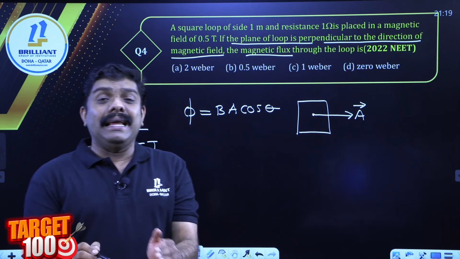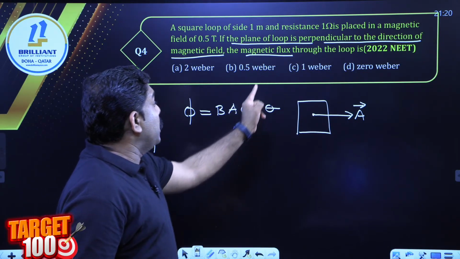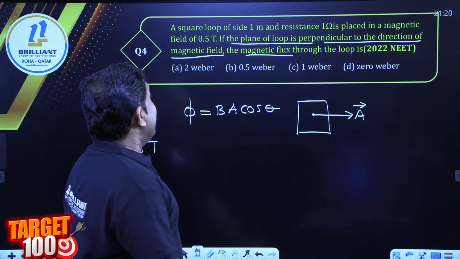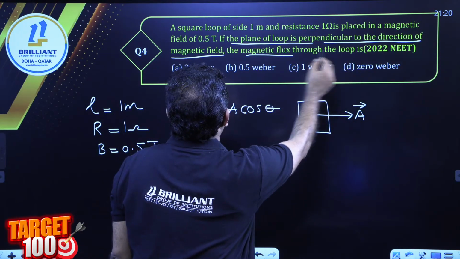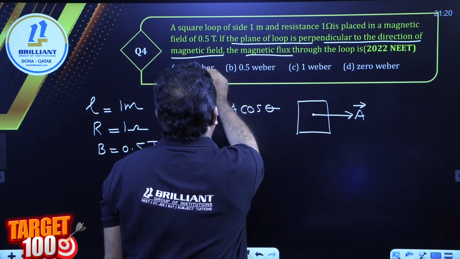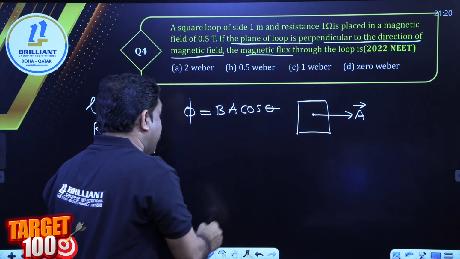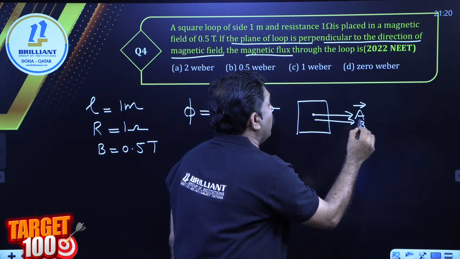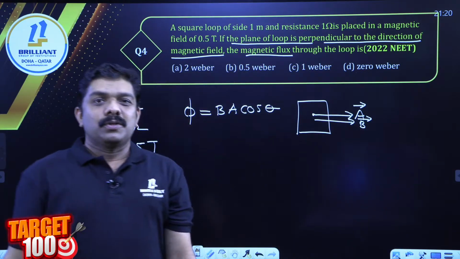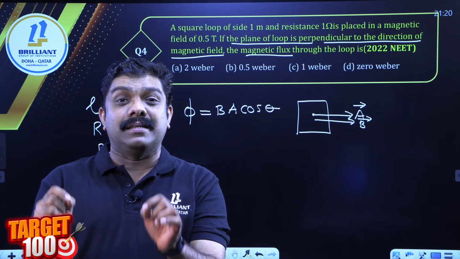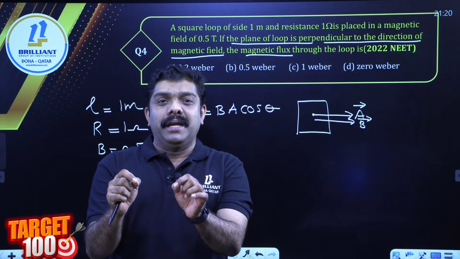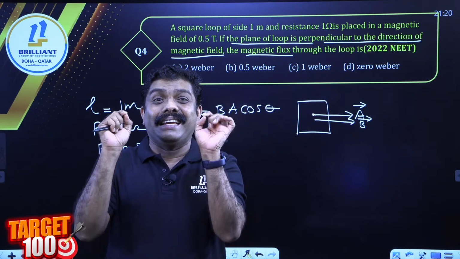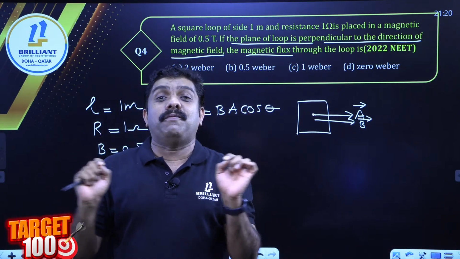Now in the question, they are saying the loop is perpendicular to the direction of the magnetic field. So I can mark the magnetic field is also perpendicular to the plane of the coil. So A and B are in the same direction. In my experience for the last 15 years, most of the students make errors in the calculation of flux.